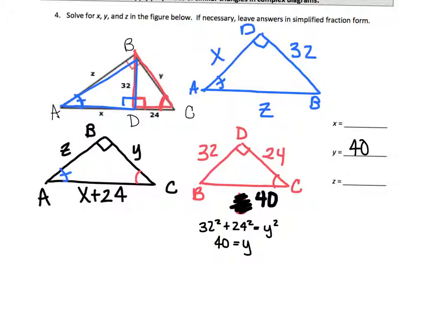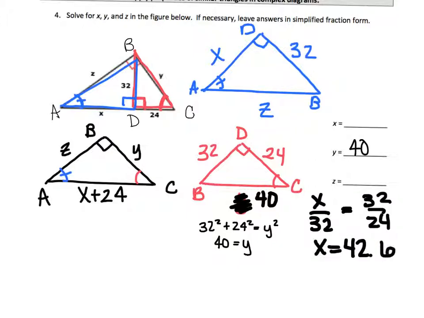For x, I'll just go ahead and do x over 32 equals 32 over 24. And I got 42.6 repeating.